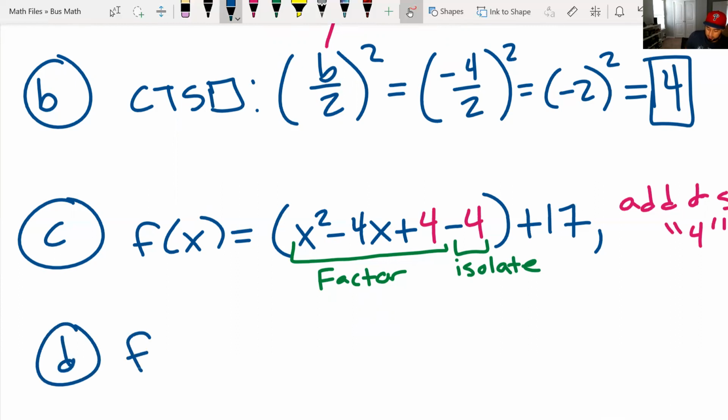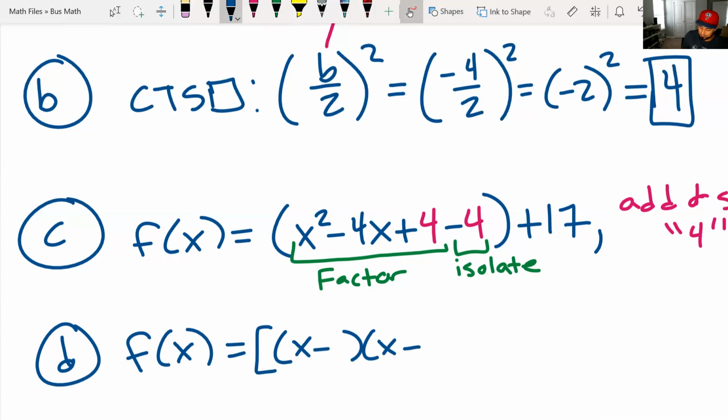So D, you'll get f of x equal to, and again, bracket to be neat. Just to be neat, we don't need it there. We're factoring x squared minus 4x plus 4. So minus plus means x minus a number, x minus a number, minus the 4 that's there already.